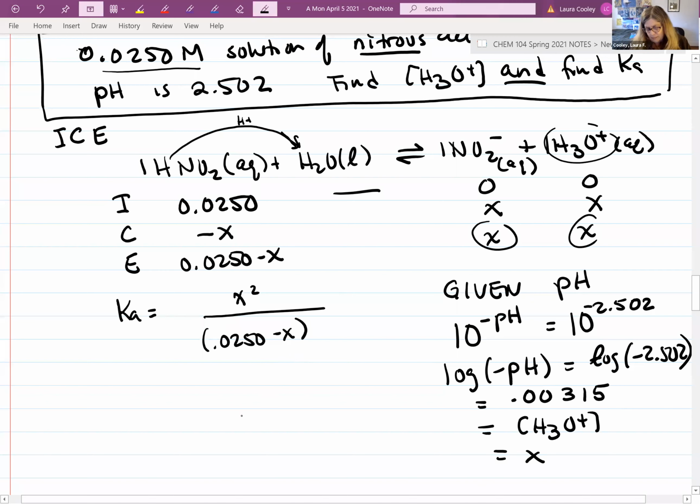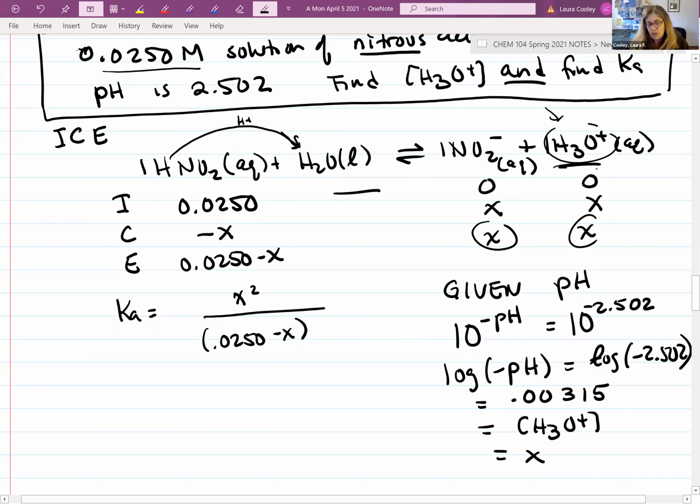In fact, you don't know what Ka is, so you couldn't even use the criterion for neglecting X. You don't know what Ka is until you finish this problem. This is kind of like what I was calling in the last unit a type 2 problem, where you're given the concentration of one of the species at equilibrium.